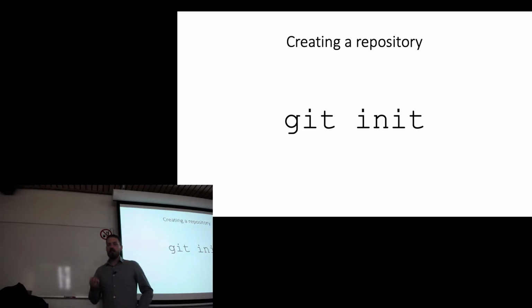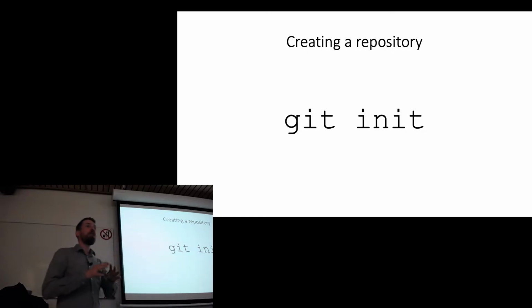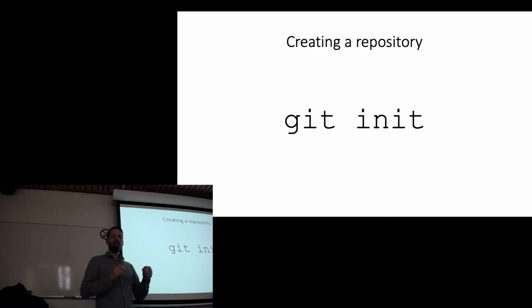Now, often when you do a project, if you plan to share it with people, you'll have files in your folder that you don't actually want to share with people. So what you'll likely want to do is create a file called .gitignore. This is just a text file that will tell Git to ignore certain files in your directory structure.